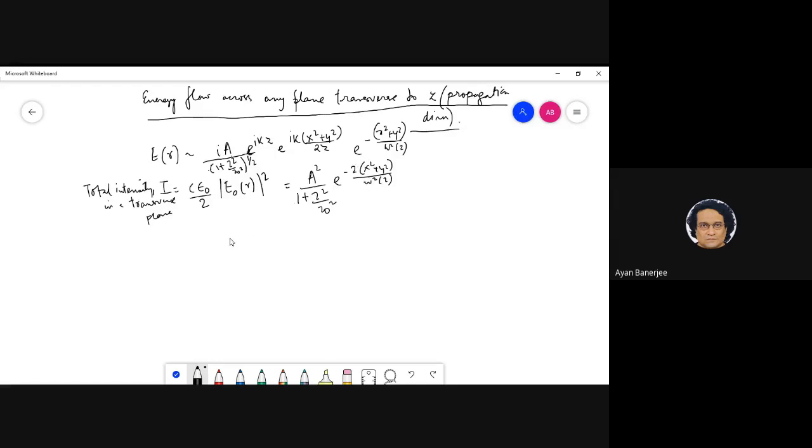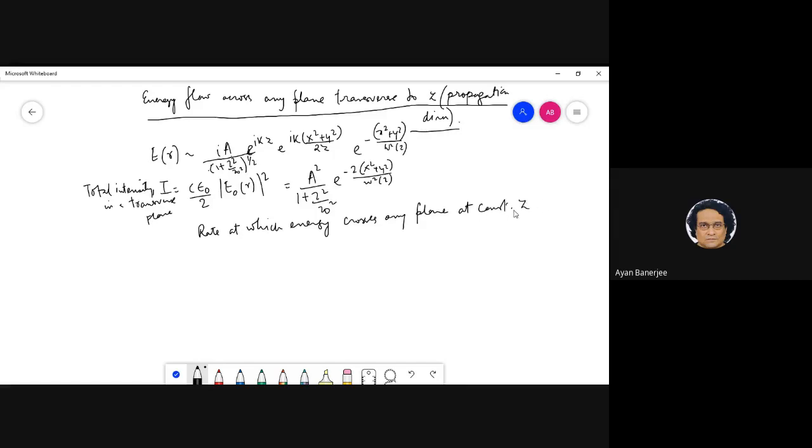So what you can write is the rate at which energy flows. This is for vacuum, by the way. This is very crucial. So energy crosses any plane at constant z.